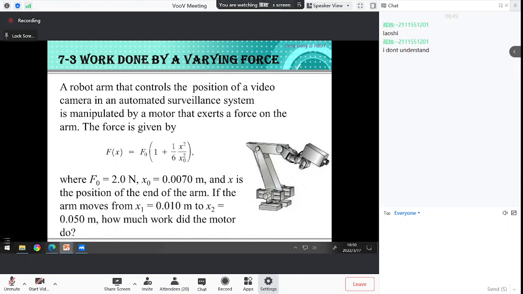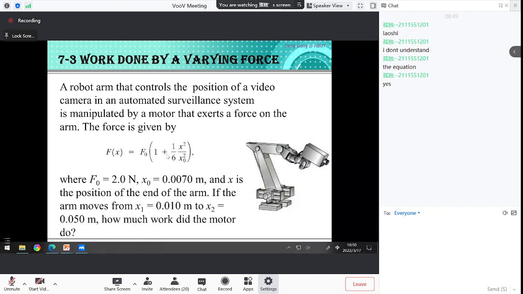Someone said he doesn't understand which part. You mean this equation, or the equation in the previous slide? Okay, this equation. Maybe we do not know where it comes from. It is just the equation for how the motor works.